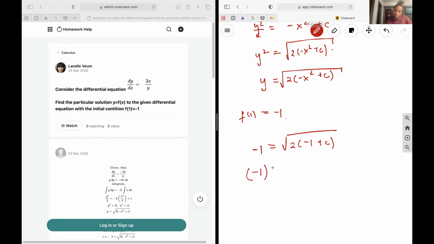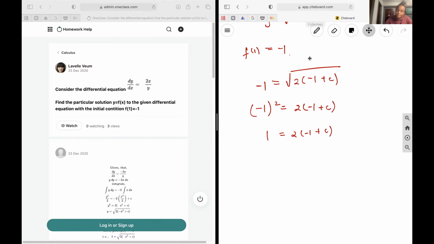So -1 squared is 1, equal to 2 times -1 plus c. And so I will get 1 is equal to -2 plus c. Move this over and I will get 3 is equal to c.